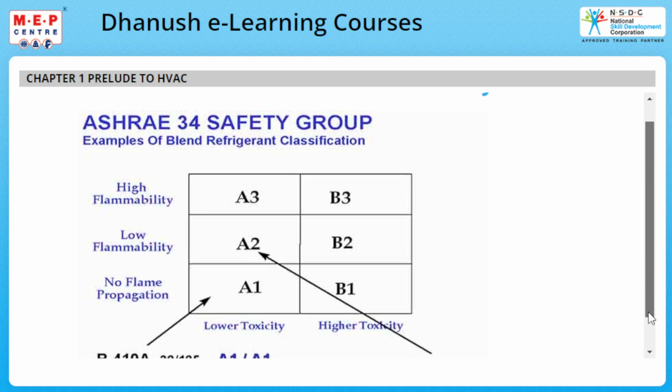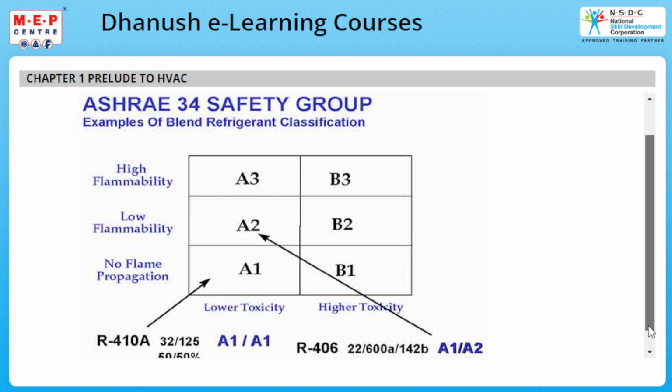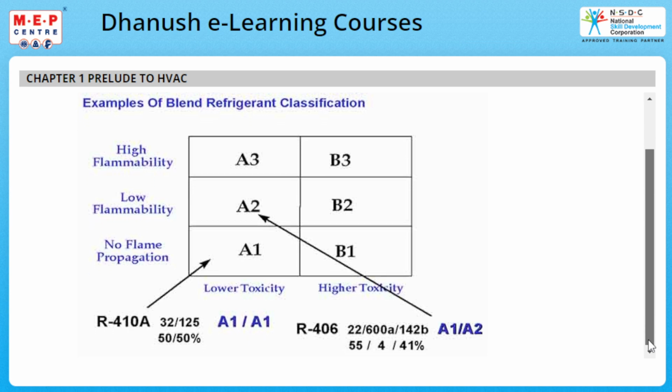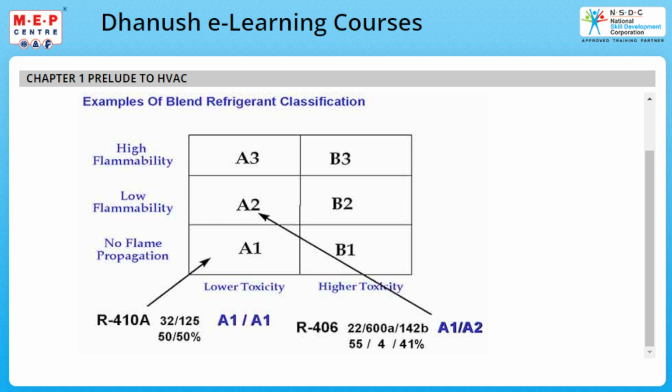Most of the companies follow and use A-grade refrigerants because these refrigerants have no identification of flammability and are non-toxic in nature. These are the essential properties of refrigerants. We can observe various safety code designations from the images. Now let's move on to learn more on designations of refrigerants.